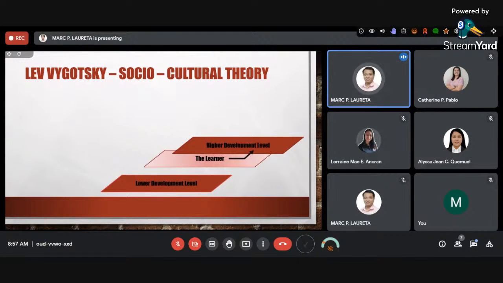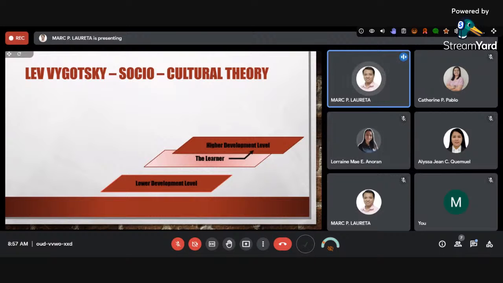Then for Vygotsky, or Lev Vygotsky's sociocultural theory, it is a different approach to understanding the importance of developmental stage when it comes to learning.